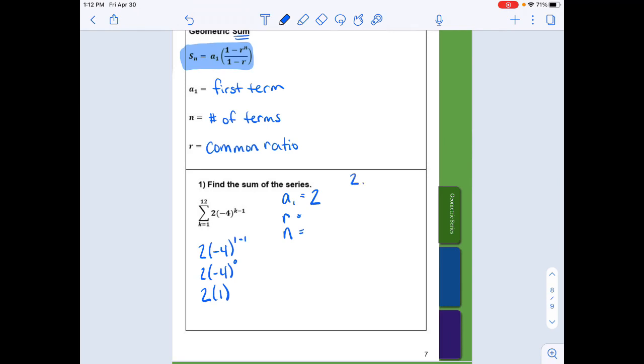And also, to find our common ratio, we can write that out. We can do the same thing here. So our second term should be negative 8. We'll check our third term out real quick.